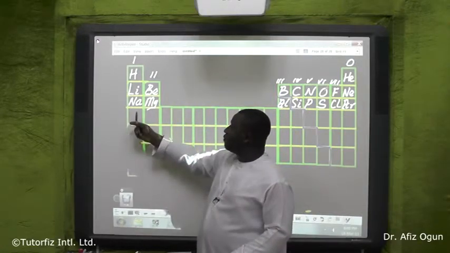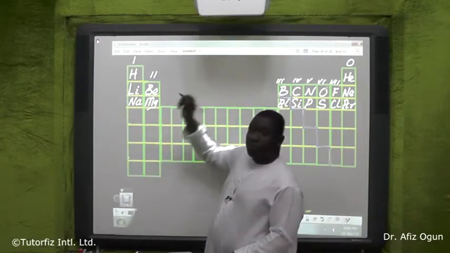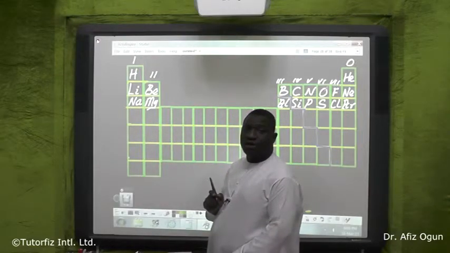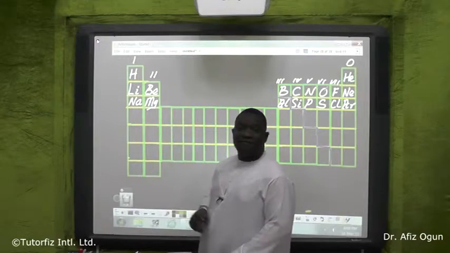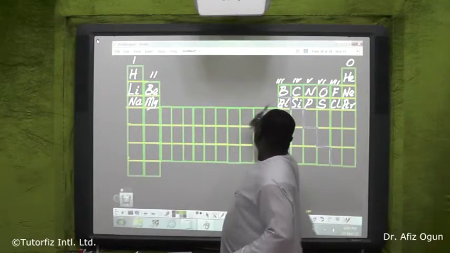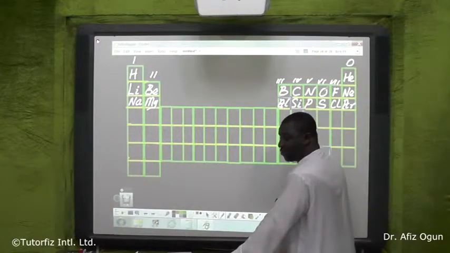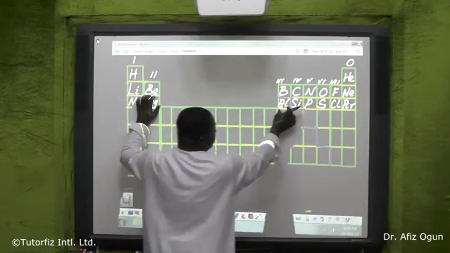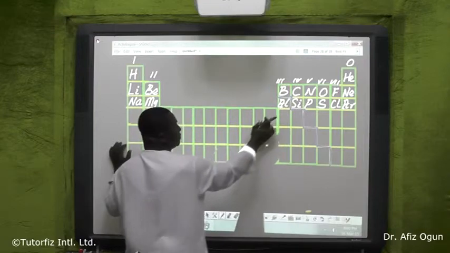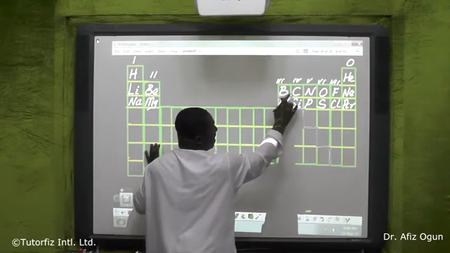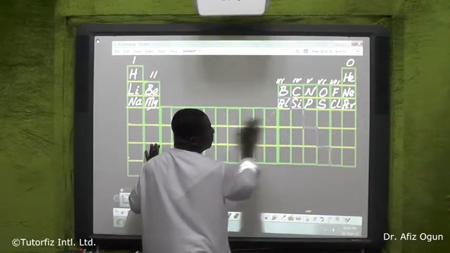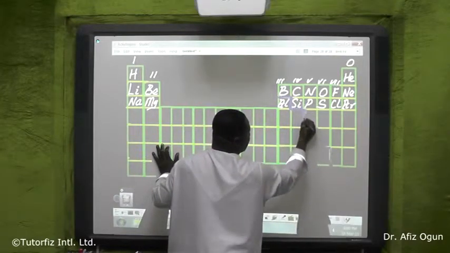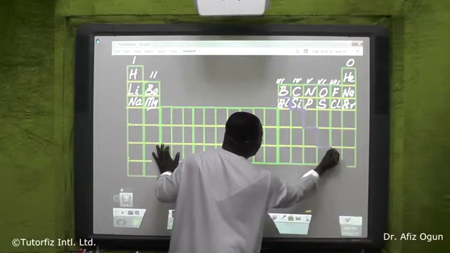We are going to consider only group 1, group 2, group 3. You remember from the periodic table, group 1 elements have 1 electron in their outermost shell, group 2 elements have 2 electrons, group 3, and so on. As far as you are on the left side of this magic line, this staircase, you are a metal.